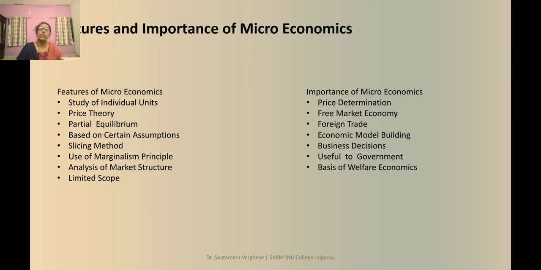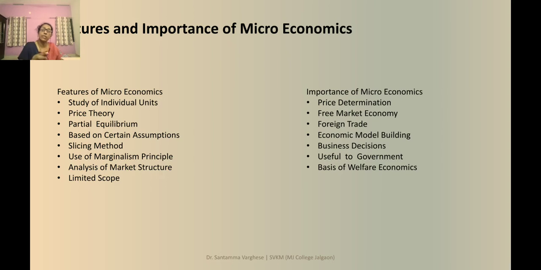In the first point only, we studied the individual units, study of individual units. In the same way, taking one slice, it splits or divides the whole economy into small individual units and then studies each separately in detail. For example, study of individual income instead of national income, study of individual demand instead of aggregate demand.